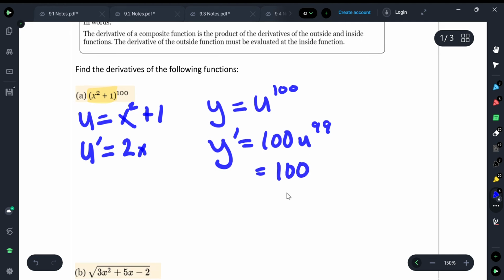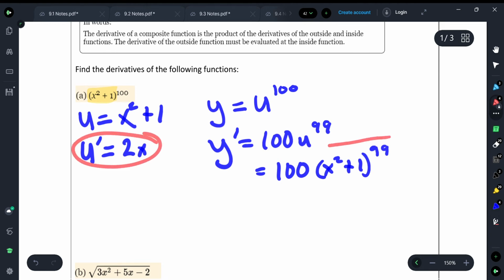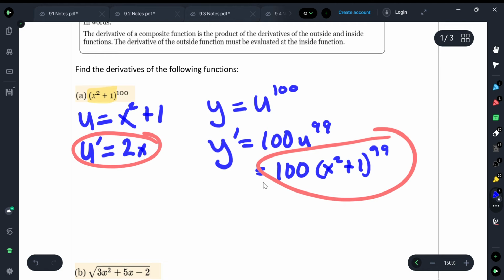What was u? u was x squared plus 1. So we just substitute that back in. You take both of these derivatives and multiply them together. All right. Just multiply them together.